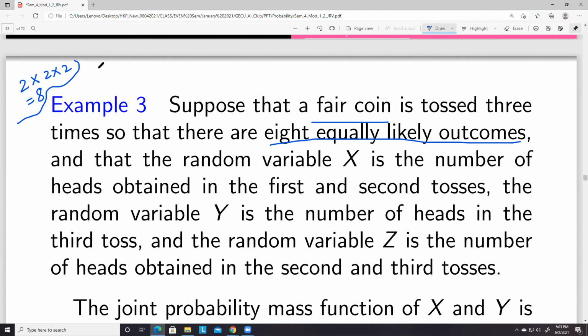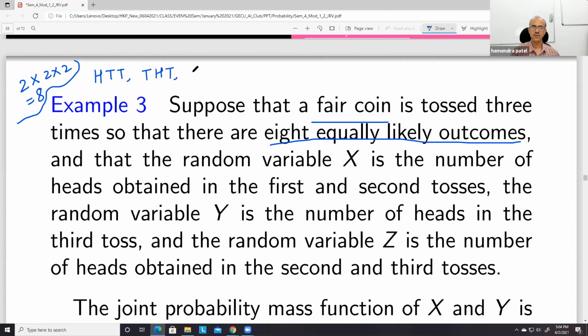Okay. So if you want, you can see like 1 head, 2 tails: HTT, THT, this is one possibility, then TTH. So these are 3. Then let us take 2 head cases: HHT, HTH, then THH.